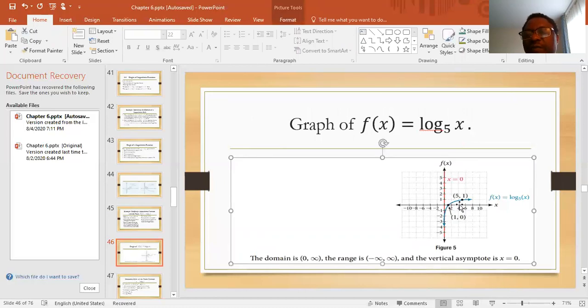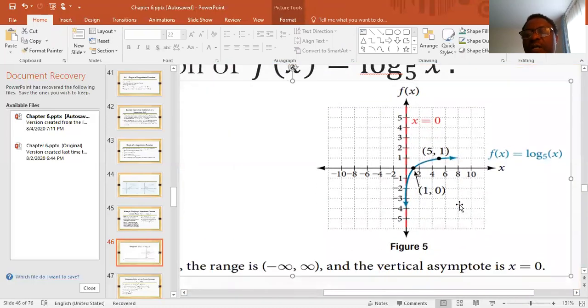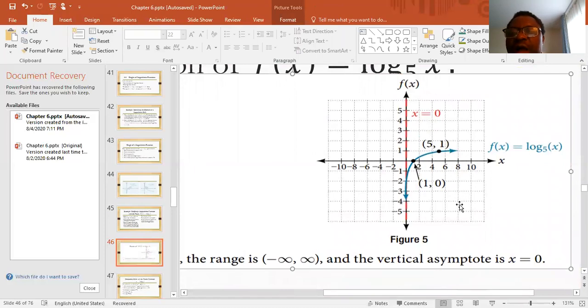So this is the graph of the logarithmic function with base 5. Identify the two key points: the x-intercept (1, 0), and the point when x equals b, which is (b, 1). When x is the base, the logarithm is 1.